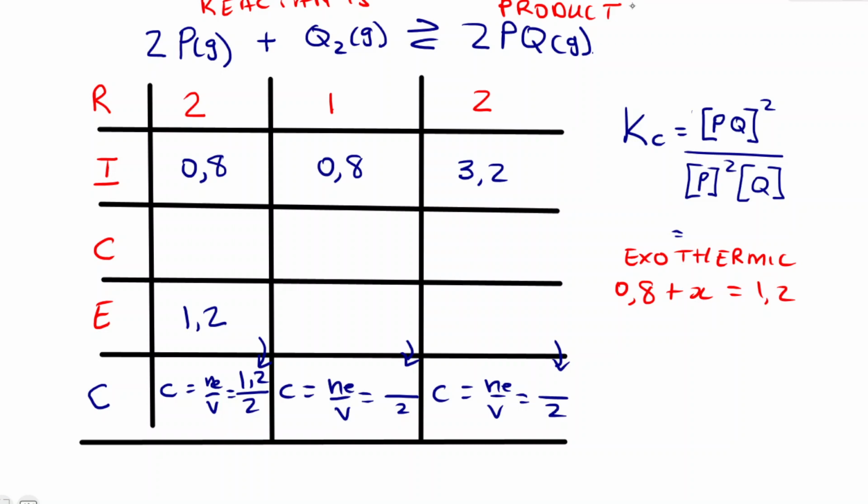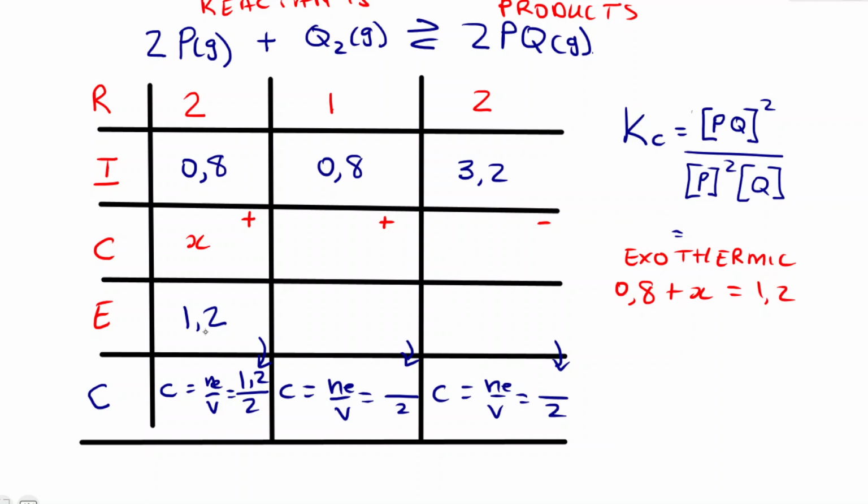Then on the right hand side, the side of your products, we're going to say minus, because this reaction is exothermic. In other words, in this case, heat is taken off. Otherwise, if this reaction was endothermic, we would put a negative here and a negative here and a positive on the other side. So we say 0.8 plus something that we don't know gave us 1.2.